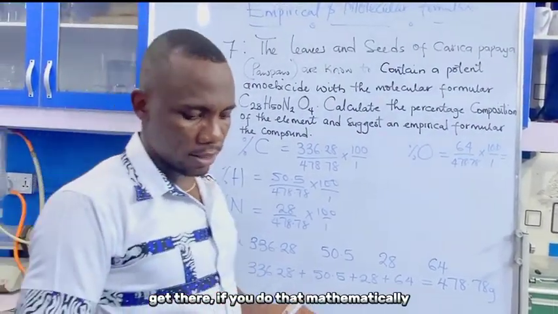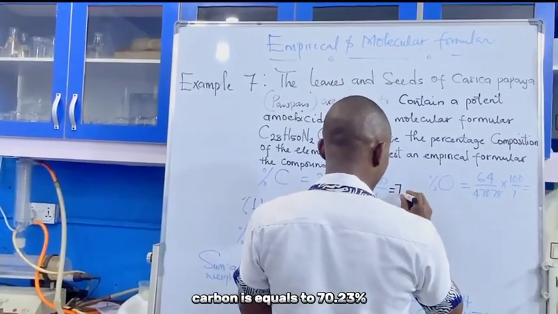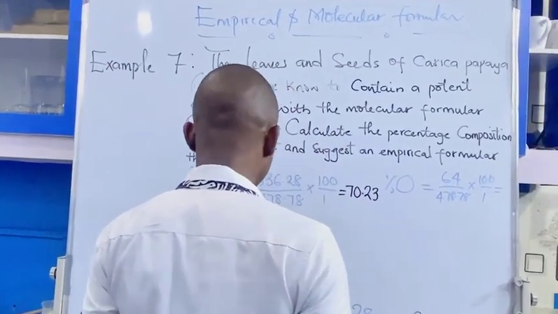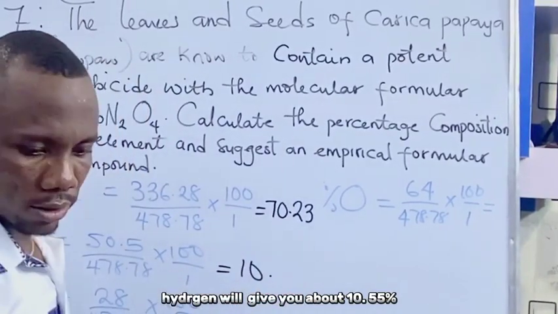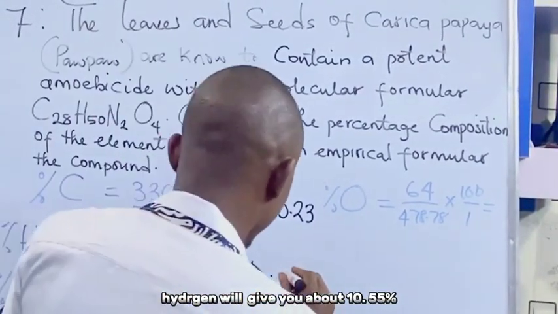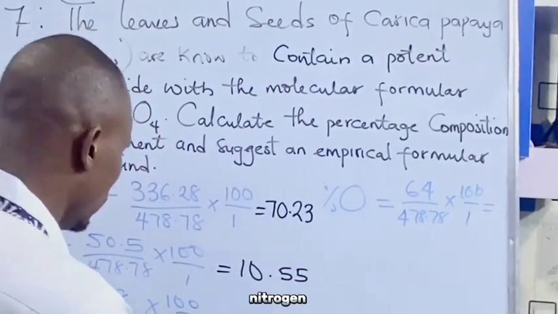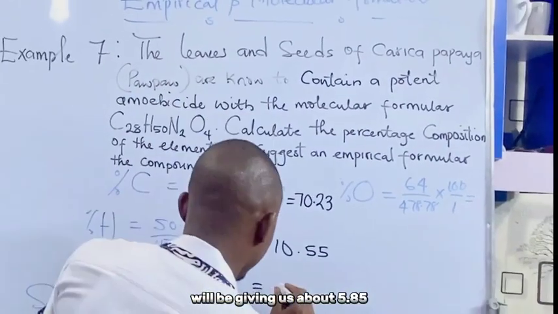If we do that mathematically by percentage, we will have that carbon is equal to 70.23%. Hydrogen will give us about 10.55%. Nitrogen will give us 5.85%.